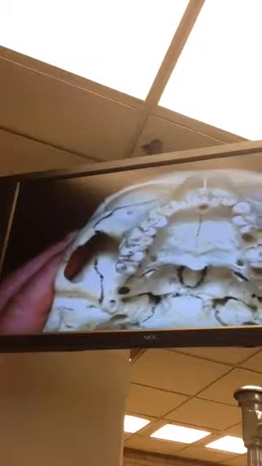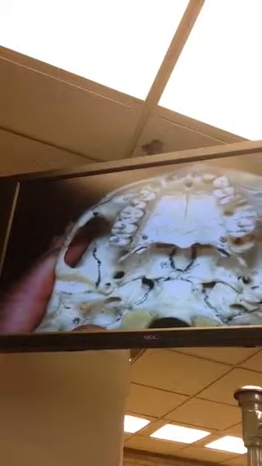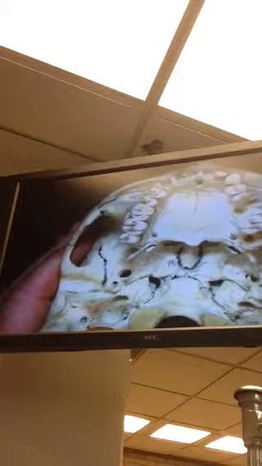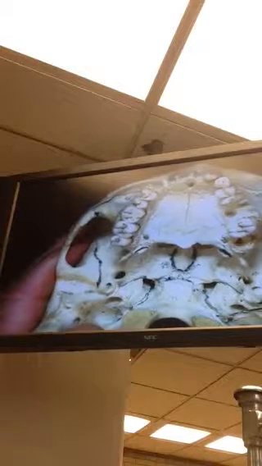And as small as it is, it's still a rather significant opening. This opening lies on a ridge of bone that lies between the jugular foramen and the external opening of the carotid canal.